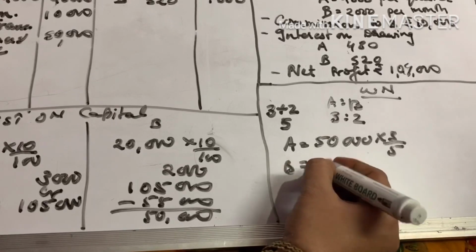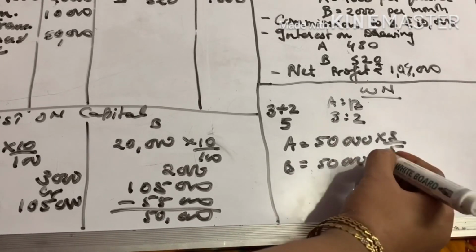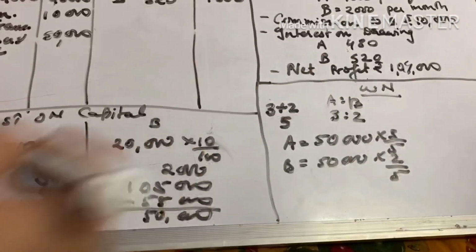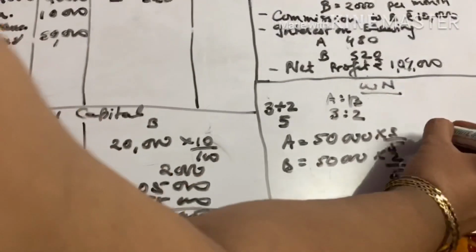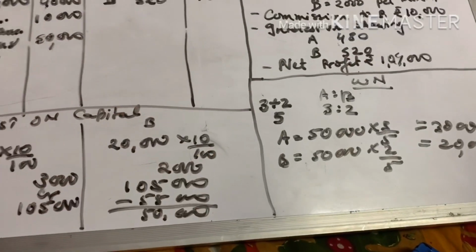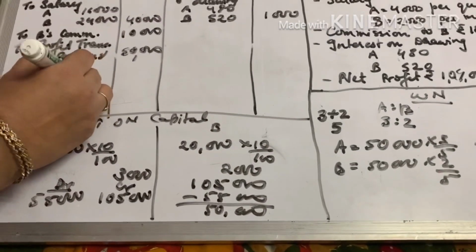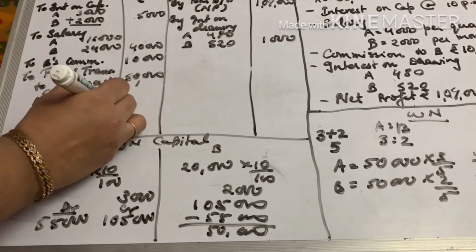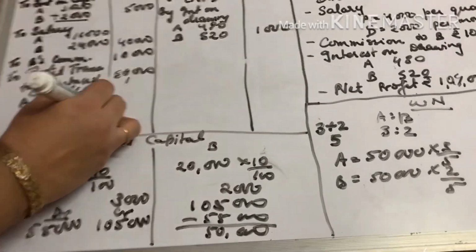Then B, how much will it get? 2/5 of 50,000. If you cancel it, you will get the answer: 30,000 profit for A and 20,000 for B.